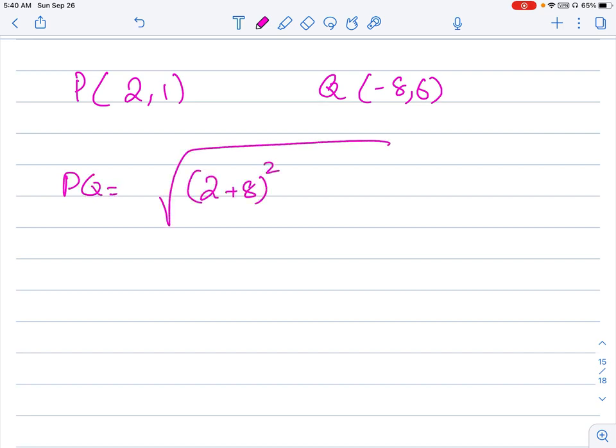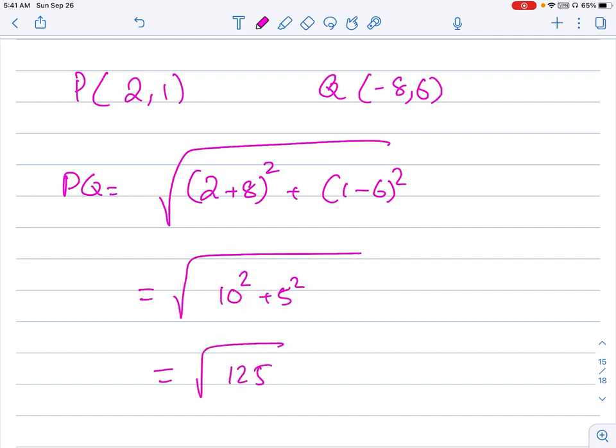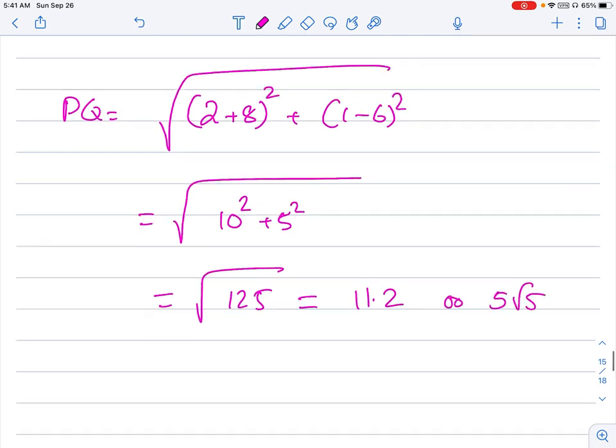Minus of minus 8 becomes plus 8. And y2 minus y1 whole squared, 1 minus 6 whole squared, which is 10 squared plus 5 squared, which is 125. If you want to write it in three significant figures, it is 11.2, or you can leave it as 5 root 5. That's question number 8.